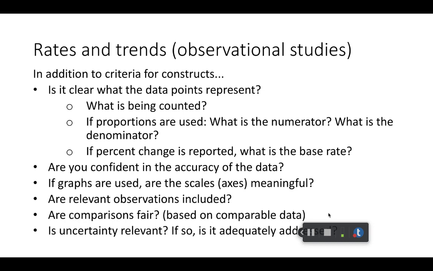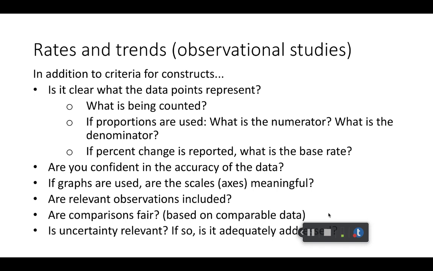If proportions are used, is it clear what the numerator and denominators are? If a percent change is reported, what's the base rate? We're going to talk about that in week 6. So this is just to orient us to the kinds of data that are being reported. And if it's not clear to us, that may mean it's not well reported or not well conceptualized.